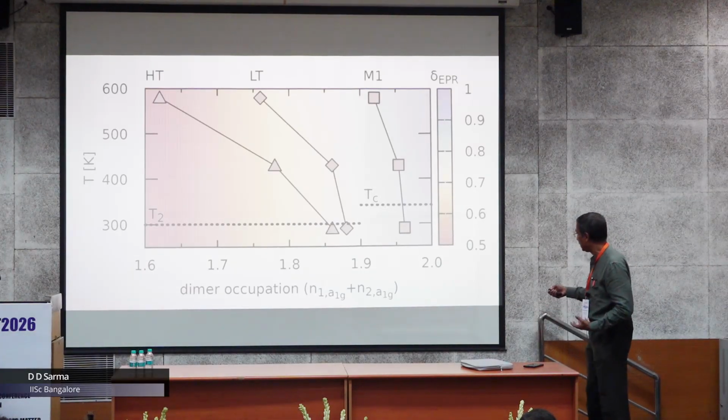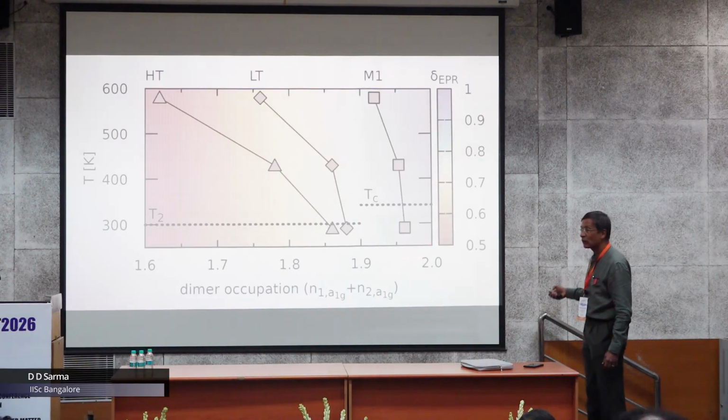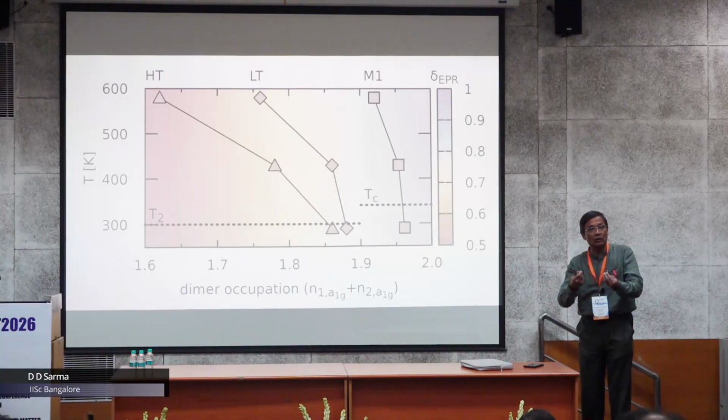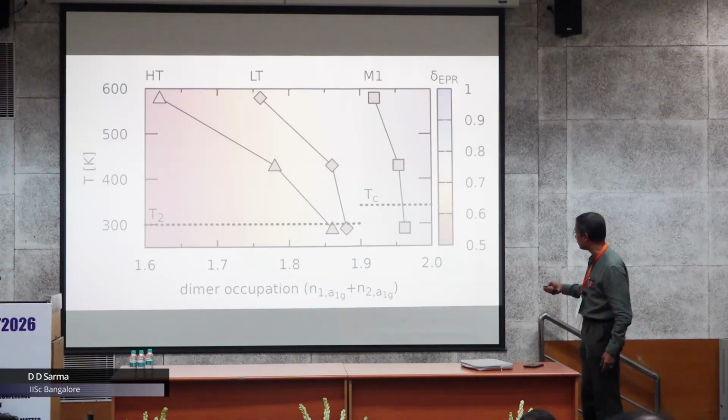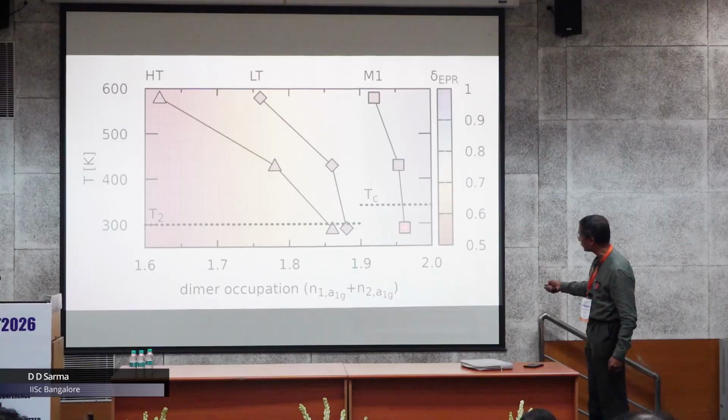Why does it happen? That is explained by this axis, which is measuring essentially how much the dimer orbital state is occupied. If only the dimer state is occupied and nothing else, I would have a number of 2. You can see that the M1 state has a very large dimer occupancy and the other orbitals are very little populated.